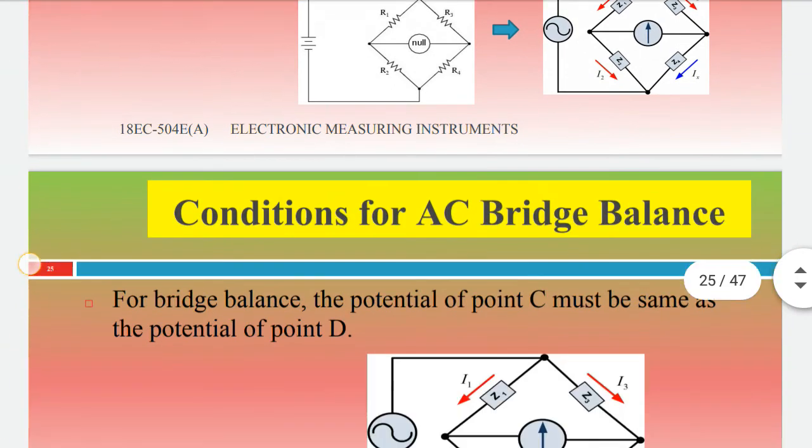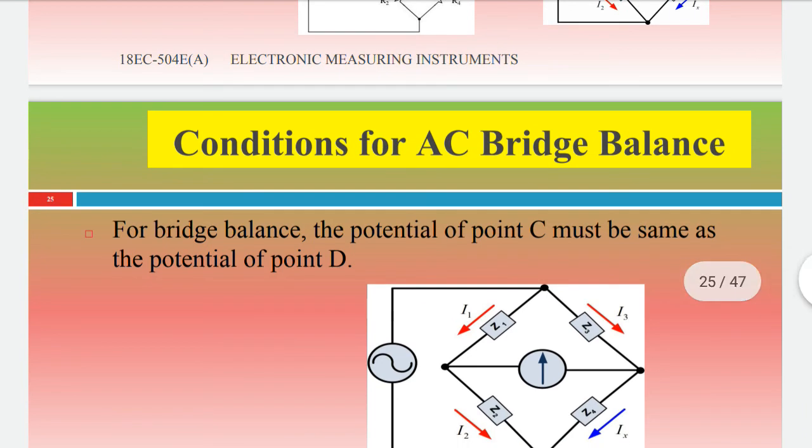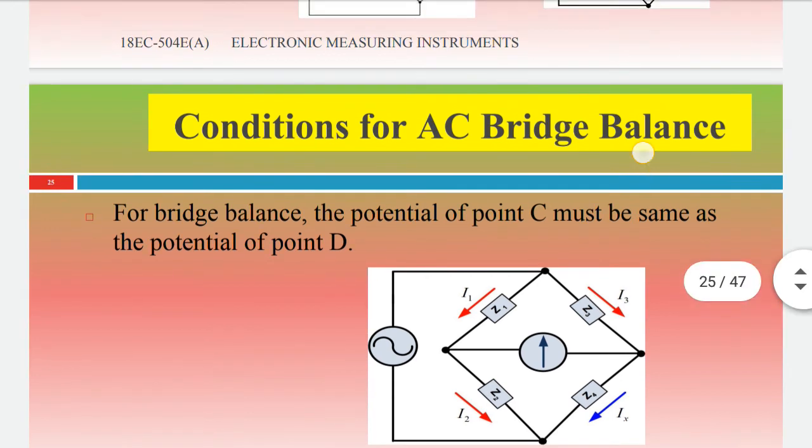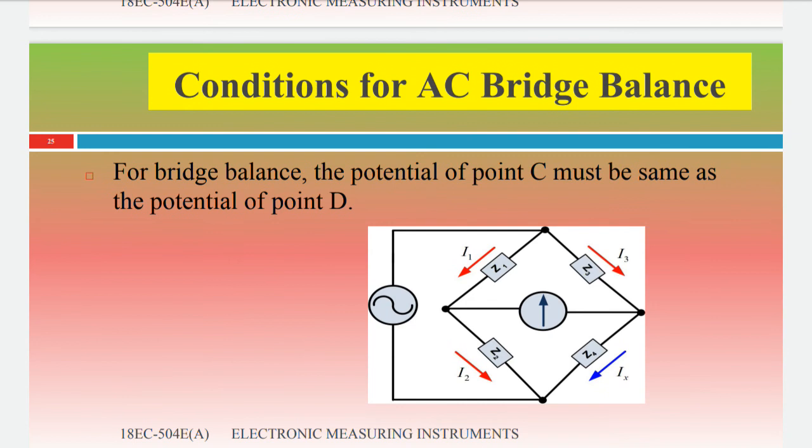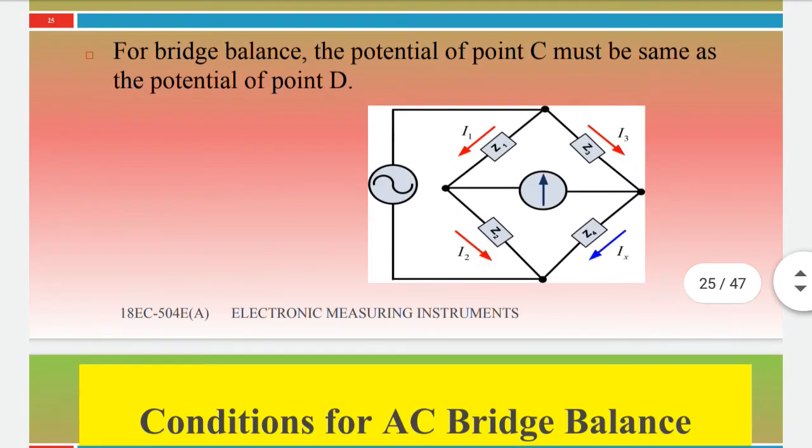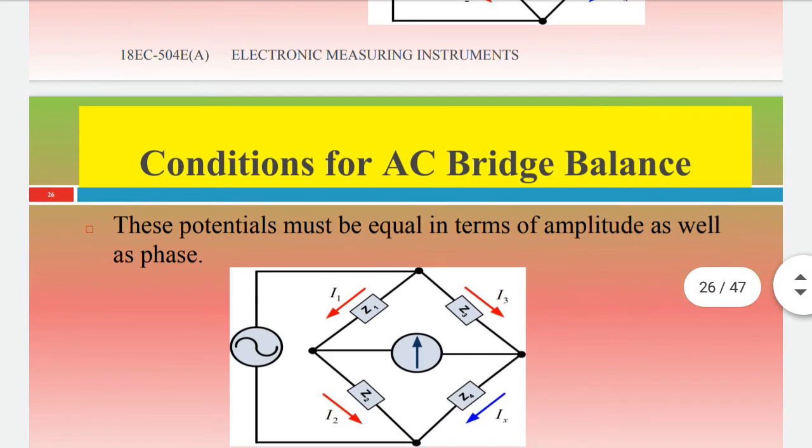Now, the conditions for AC bridge balance. For bridge balance, the potential of point C must be the same as the potential of point D. There are points A, B, C and D. The potentials must be equal in amplitude as well as in phase.